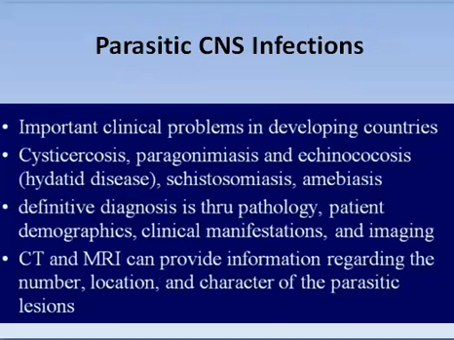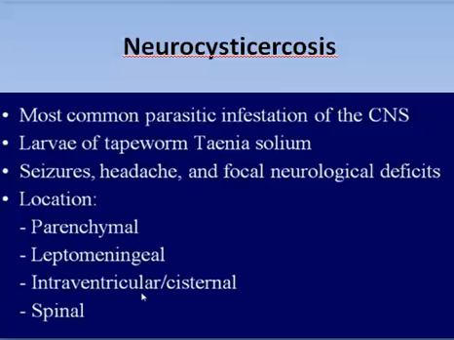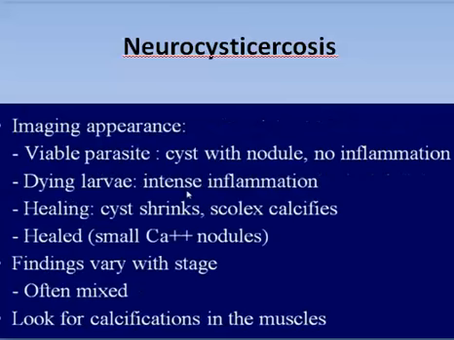Parasitic infection includes cysticercosis and others. Of course, the number, distribution, and character could be seen. Hydatid is also to be considered. The most common parasitic infection is cysticercosis, and as with epilepsy, we have parenchymal, leptomeningeal, intraventricular, and spinal forms.